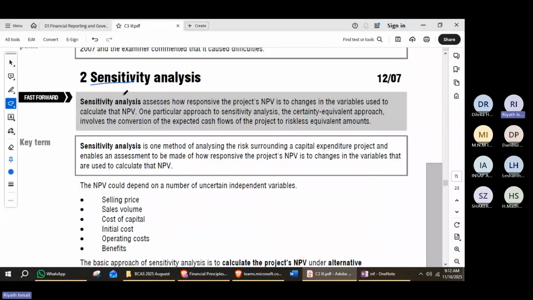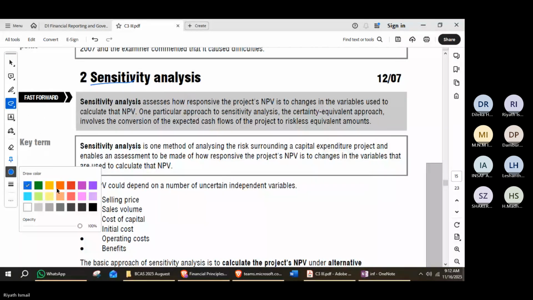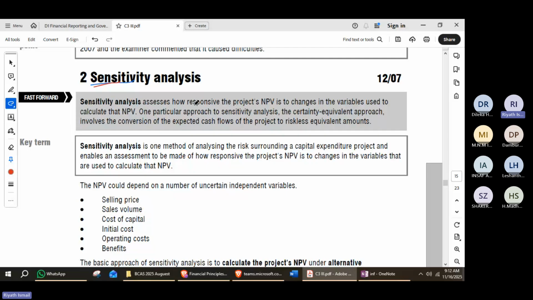What is sensitivity analysis? Sensitivity analysis assesses how responsive the project NPV is to changes in the variables used to calculate NPV.